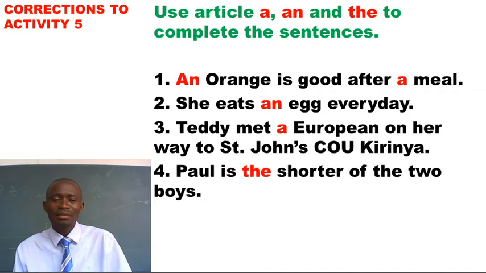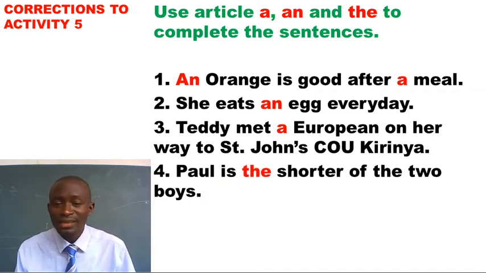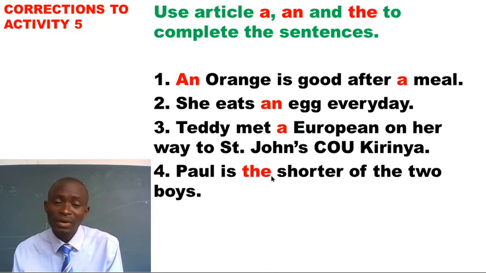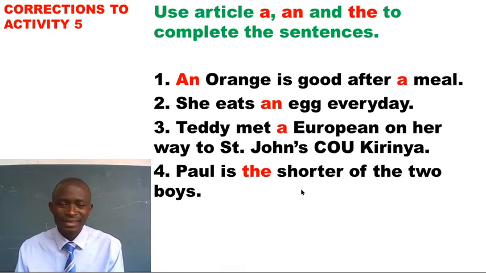That is it, friends. Number 4 says, Paul is the shorter of the 2 boys. Realize that article the is used when you're talking about comparatives, when you're comparing two objects or comparing more than 2. And so in this one we're comparing 2. Paul is the shorter. That's how it should be used, and that's the answer to number 4.